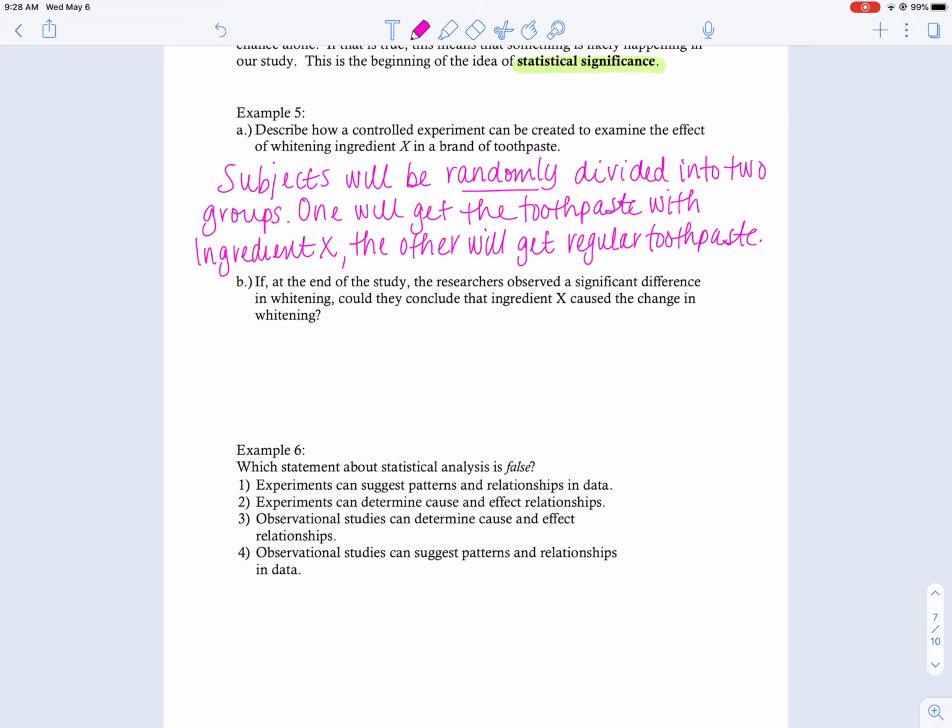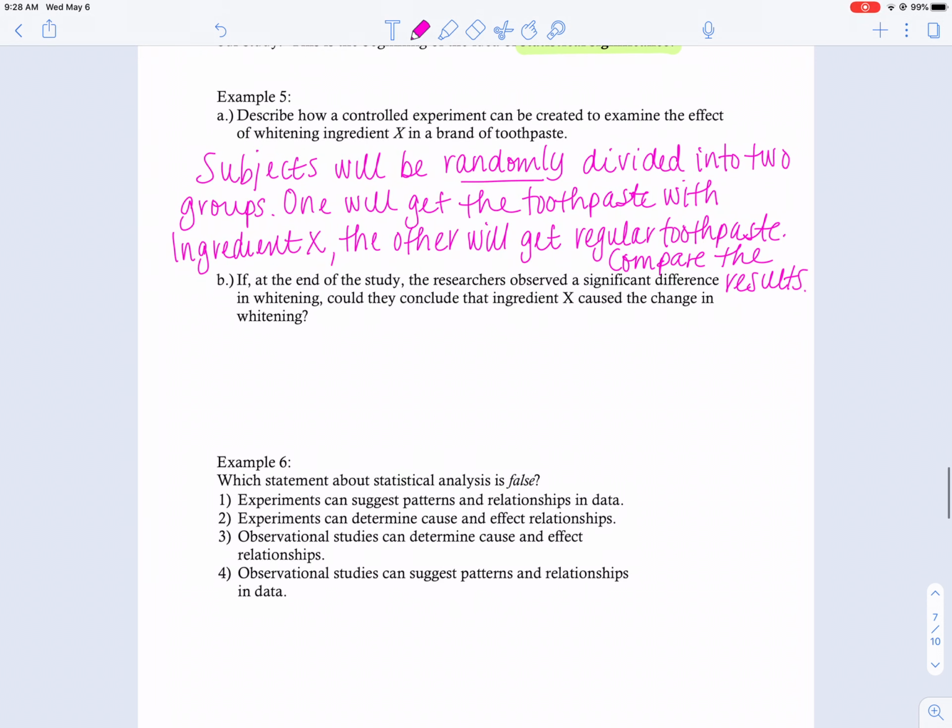Okay, and then what? I would just say, compare the results. Okay, that's how you're making your controlled experiment.